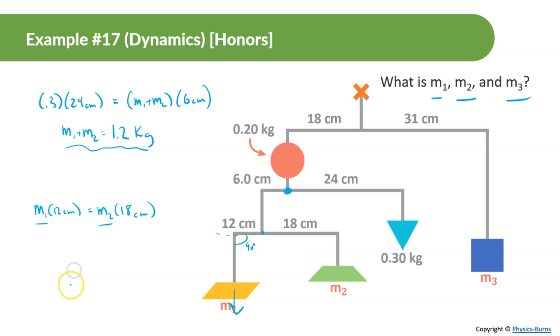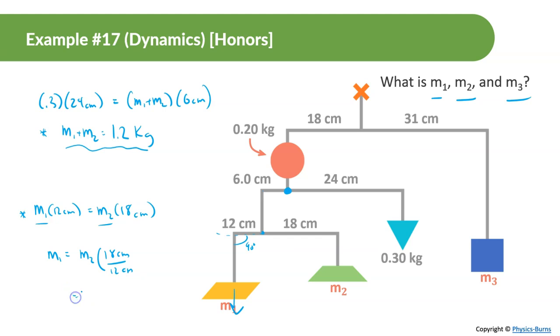Okay, so what we have here is two formulas and two variables. We don't know M1 and we don't know M2, but we have two formulas, so now we can figure that out. So how am I going to simplify this? Maybe I'll do it this way. I'm going to say M1 is equal to M2 times 18 centimeters divided by 12 centimeters.